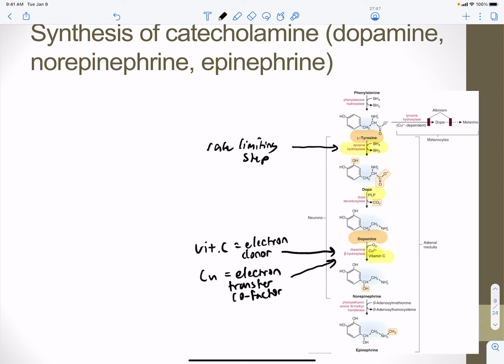And then remember, we can also have SAM generate epinephrine.